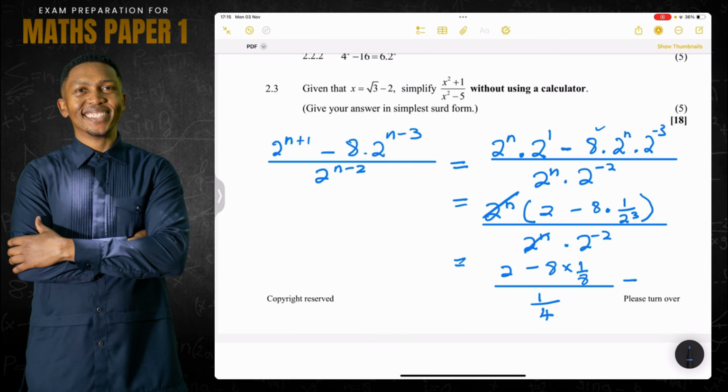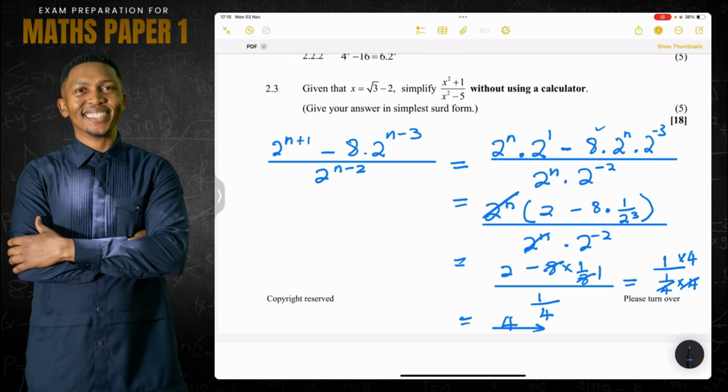To simplify this, 8 and 8 cancel each other out. We've got a 1. So that's 2 minus 1, which will give us 1 at the numerator, divided by 1 over 4. So what we can do, multiply it by 4 at the bottom. What I do at the bottom, I do at the top. So that will give me 4. So my final answer is equal to just 4.